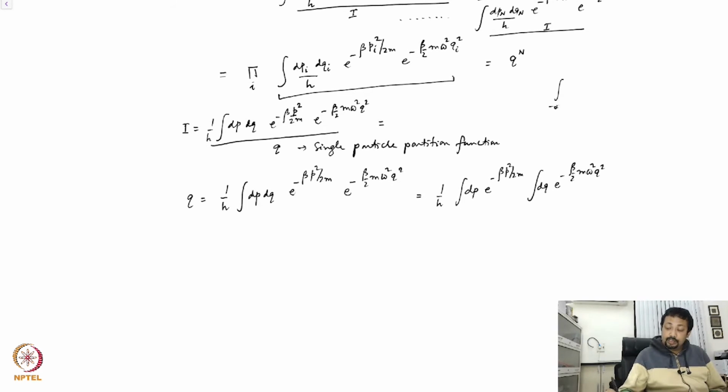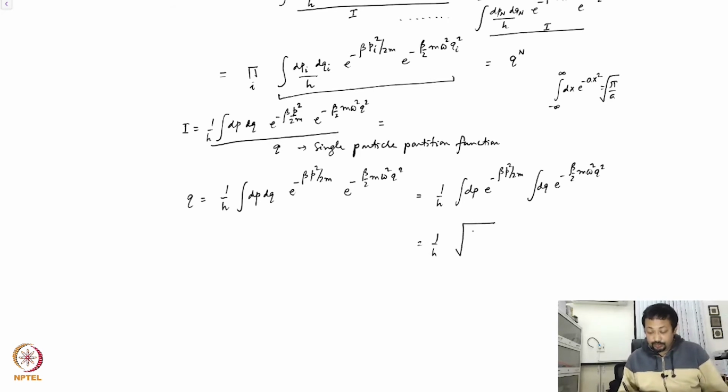I use the Gaussian integral: the integral of e to the power minus a x squared is square root of pi by a, so that the first term is going to be the square root of pi over 2m by beta, and the second integral is going to be pi divided by beta m omega squared times 2.